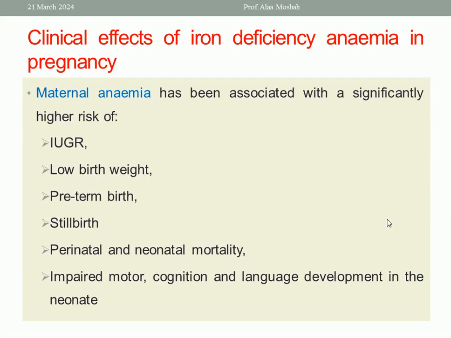Maternal anemia has been associated also with a significantly higher risk of intrauterine growth restriction, low birth weight, preterm birth, stillbirth, perinatal and neonatal mortality, impaired motor, cognition, and language development in the neonate in certain cases.